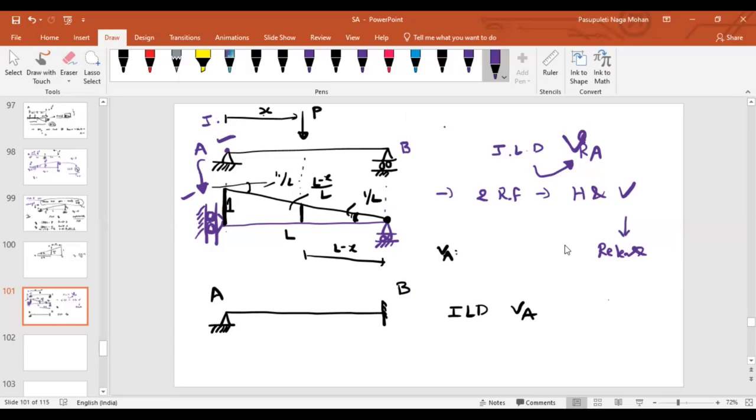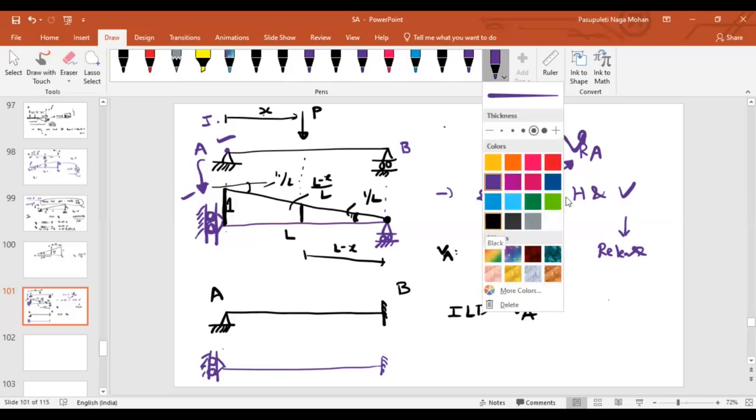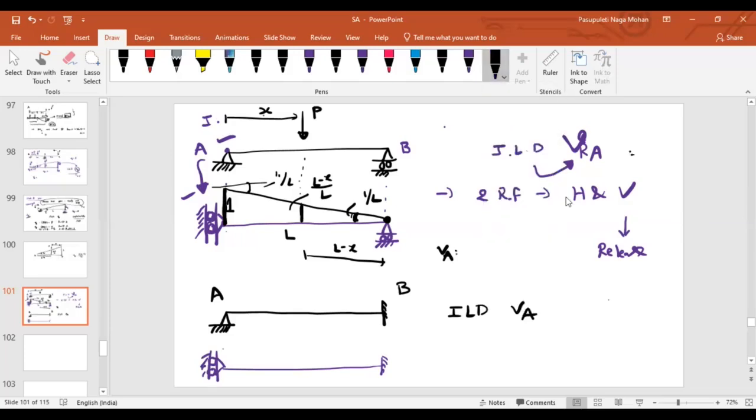Same thing, ILD for A only. We know one thing: as I want to find the ILD for VA, I will release that force only. As I release that force, I take this type of support, and then I will apply a unit displacement and draw the deflected shape. So if I move it to displacement 1, how is the deflected shape going to be?